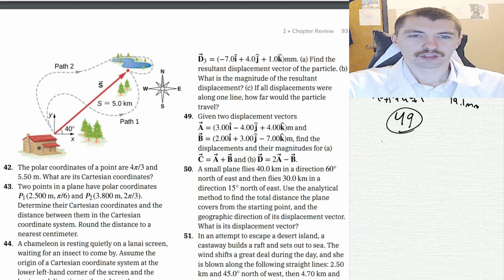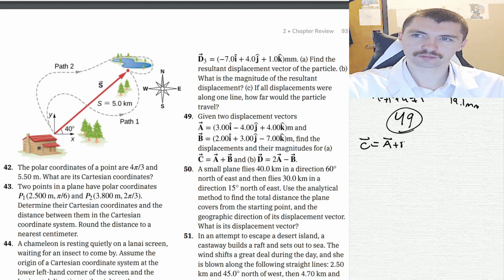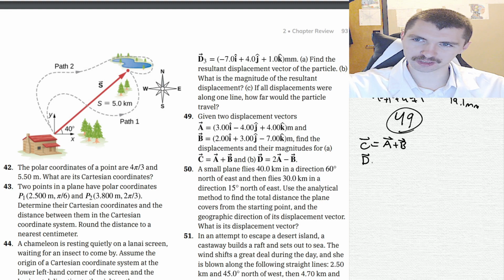49. Given two displacements, find the displacements and their magnitudes for C. So C. So I think this would be, so wouldn't displacement of C plus C equals 0.